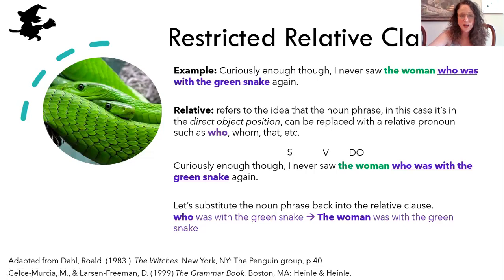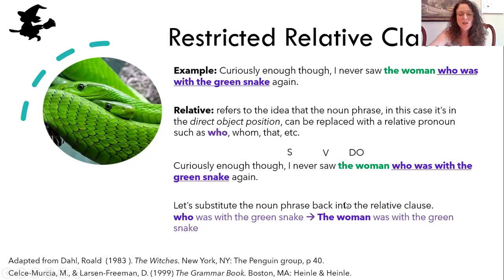And why is that? Well, let's look at the relative clause. Who was with the green snake? If I substitute the noun phrase for the relative pronoun who, I get the woman was with the green snake, okay?